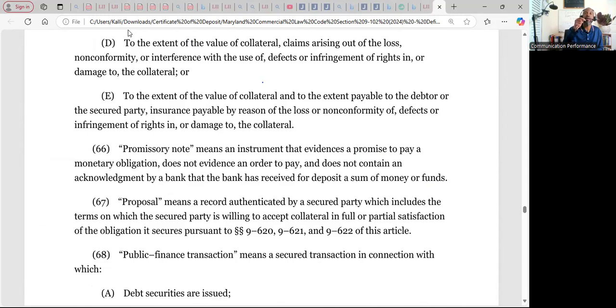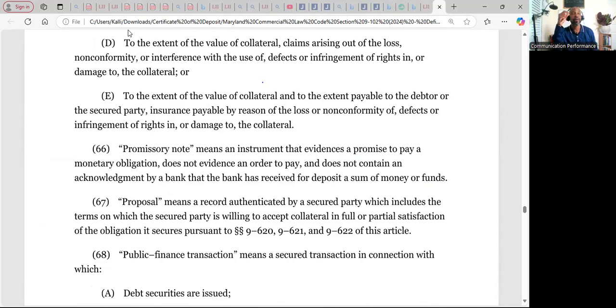Reservation of rights is also in your state code, so you should definitely get those two codes: reservation of rights and accord and satisfaction, which is full payment of the debt obligation, right? Which is your promise to pay them, right?